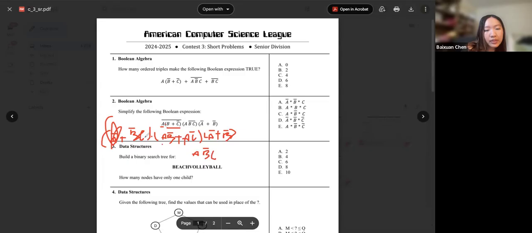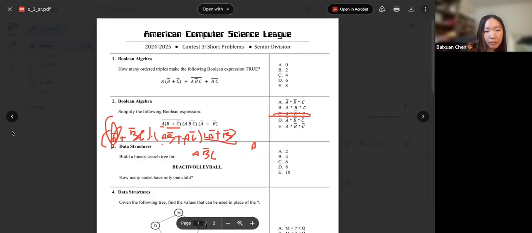But then again, not BC times A not C will evaluate to 0 because not C times C will be 0, because one of them will be 0 and 0 times anything is always 0. And this one, we have A and not A will always be 0. So it just turns into A not BC. We have this one.